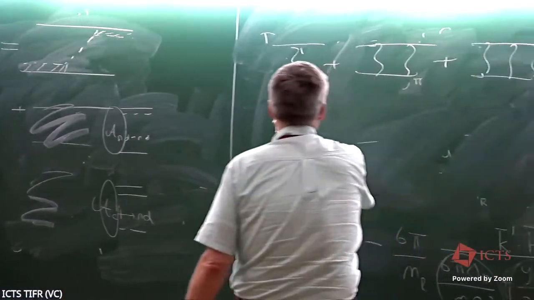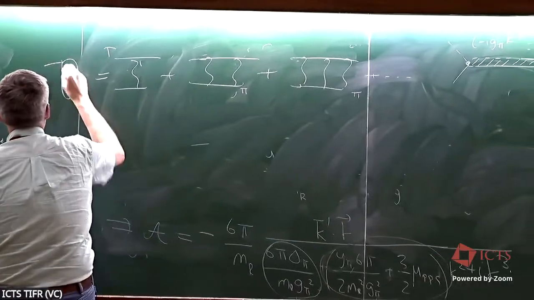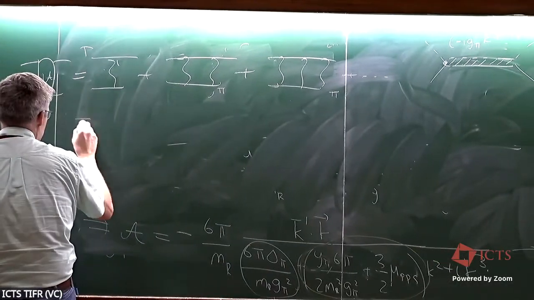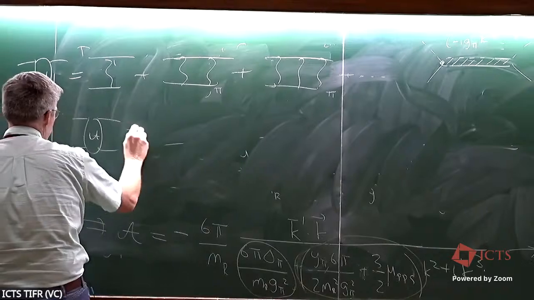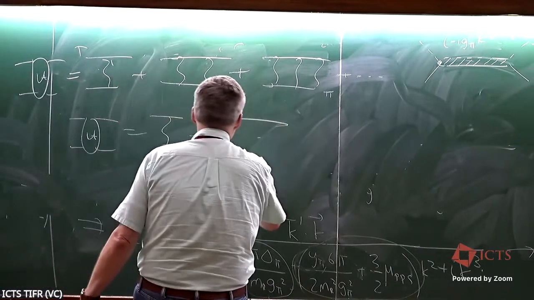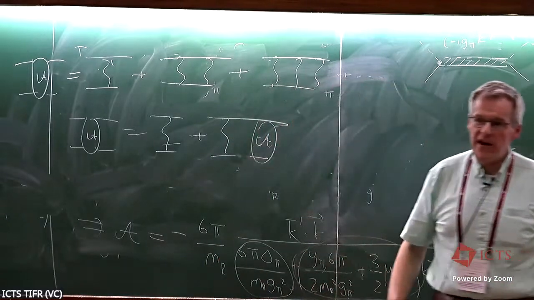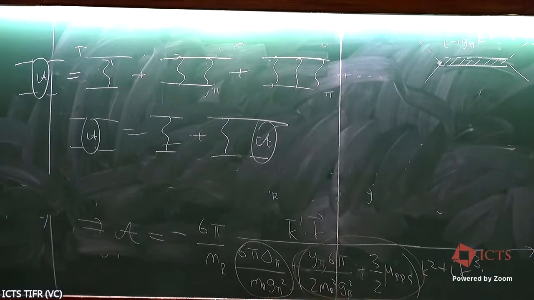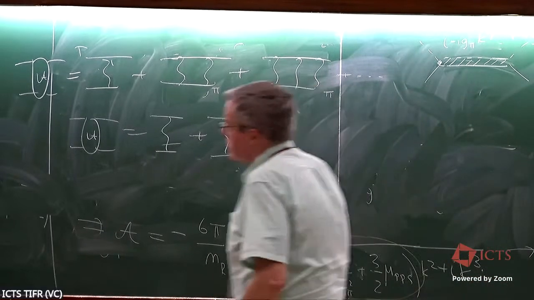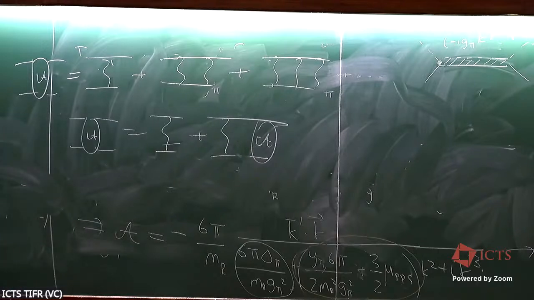And you realize that if you define this infinite set of graphs as A, then A is equal to the first one plus the first one times the intermediate state propagator times A. So that's what we're trying to do here. We have an infinite set of graphs that contribute to this amplitude, and we're trying to figure out how to get back to the same infinite set of graphs so that we can write an integral equation for that amplitude.